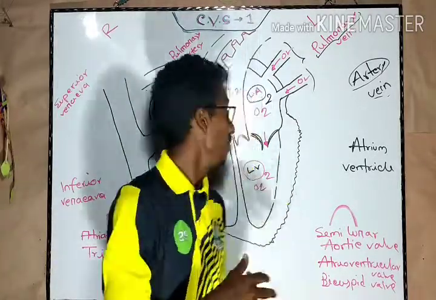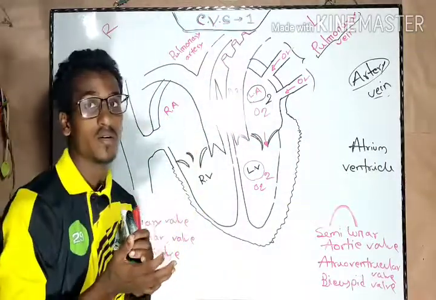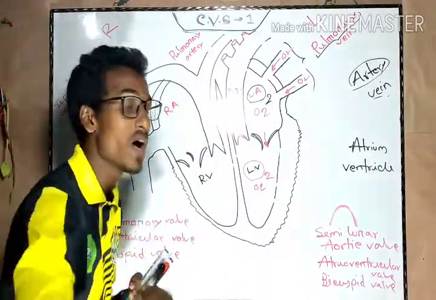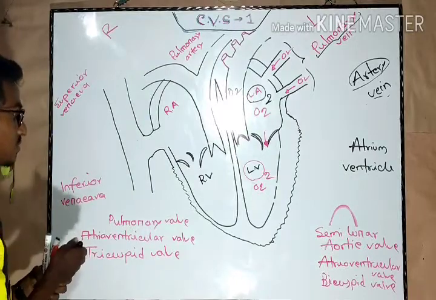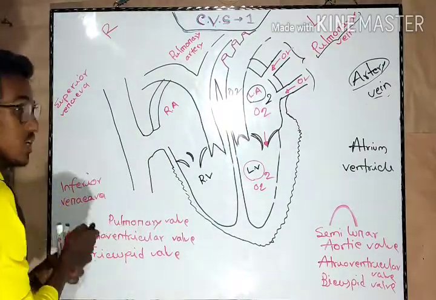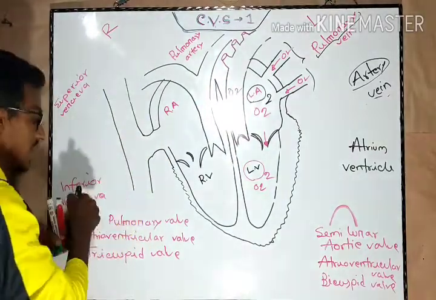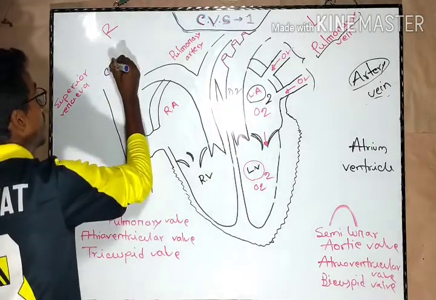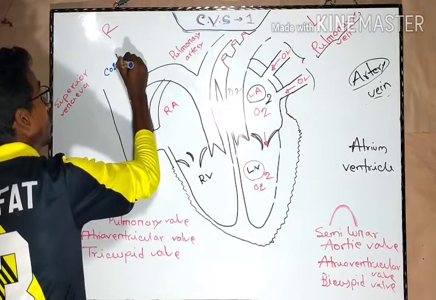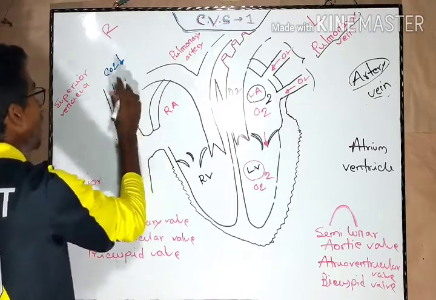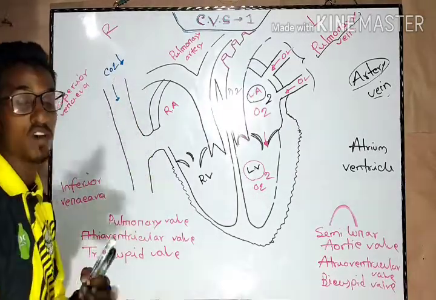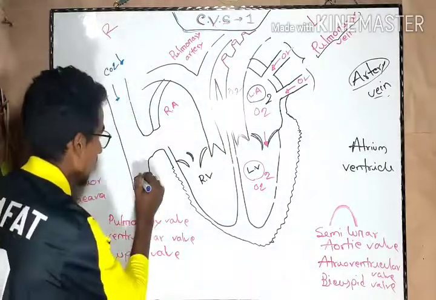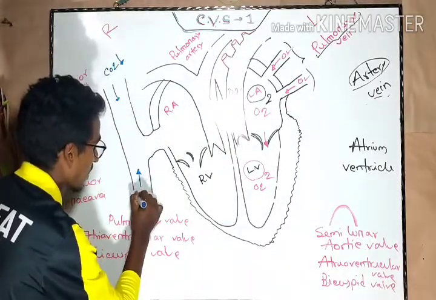Now look at that. In case of the right side, the venous blood from the upper part is received by the superior vena cava, and the venous blood from the lower part is received by the inferior vena cava.